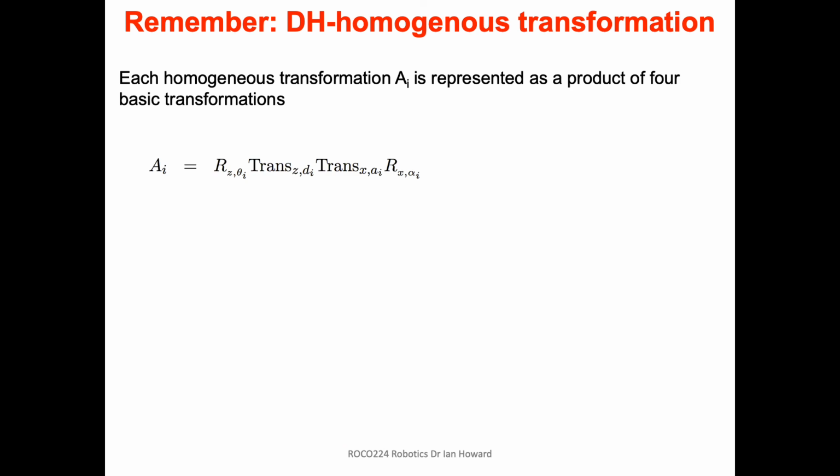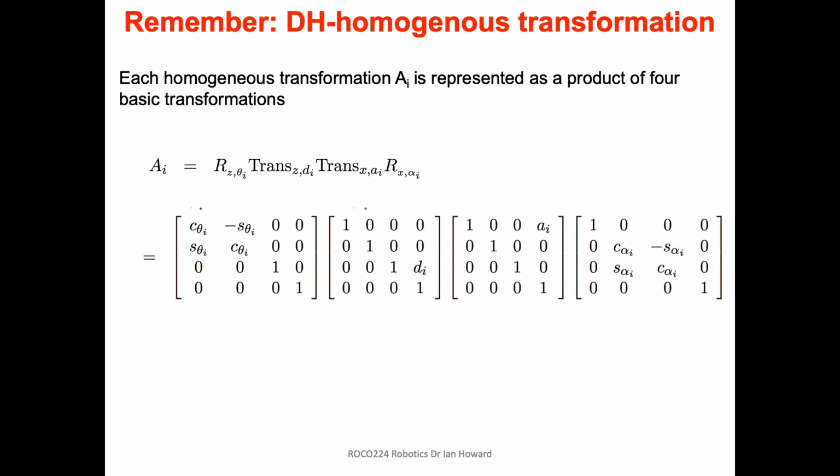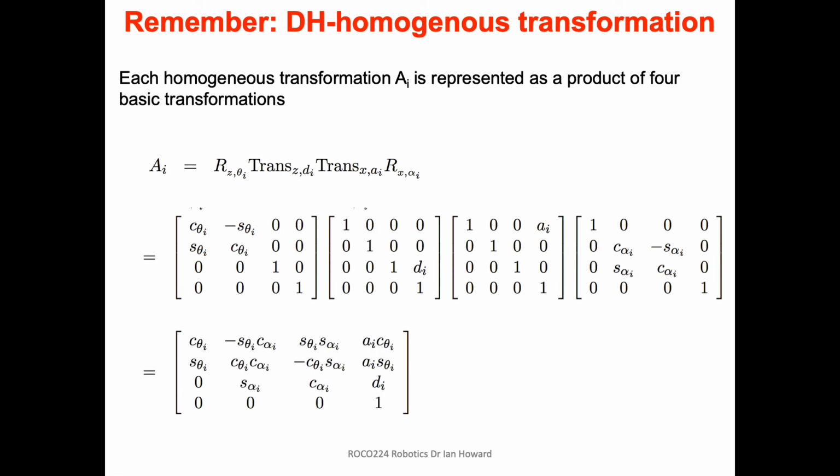As we know, the overall transformation that arises from the Denavit-Hartenberg is the product of these 4 basic transformations. You can put them in by hand if you want to, or you can use the forward kinematics commands in Matlab. Basically, this is what it comes down to. This is the formula I've also shown you in Matlab.